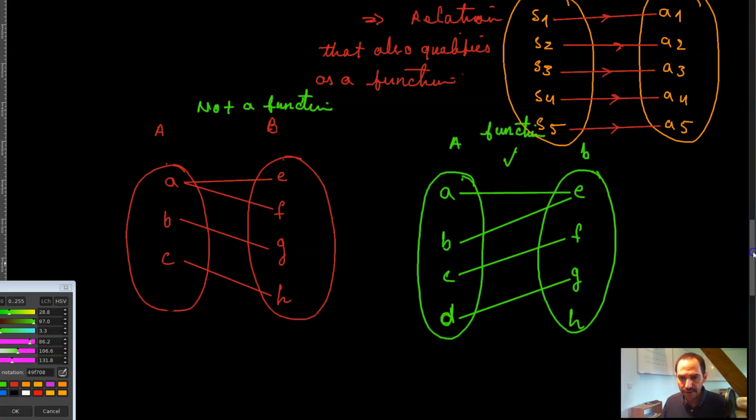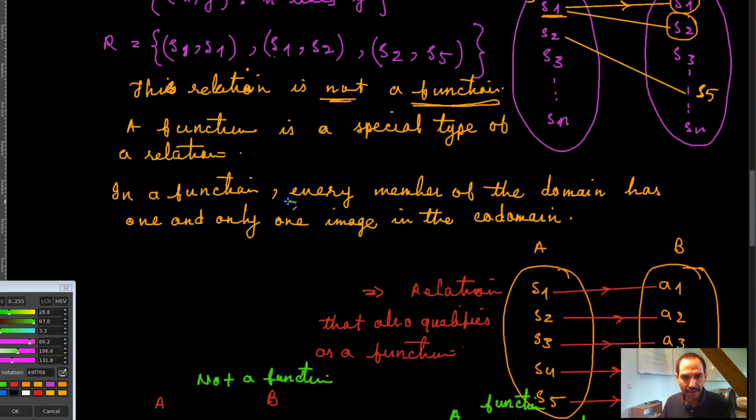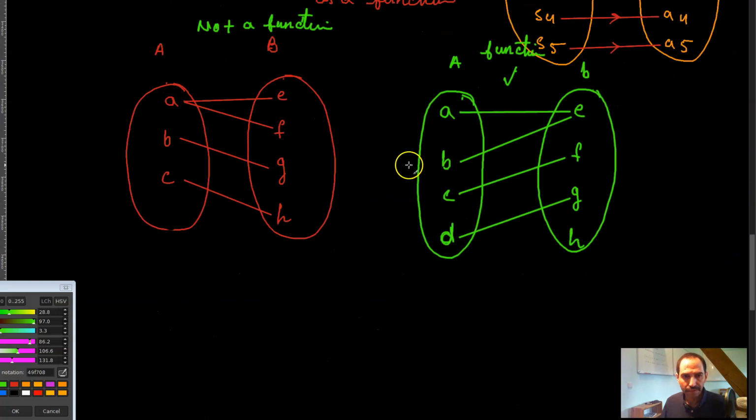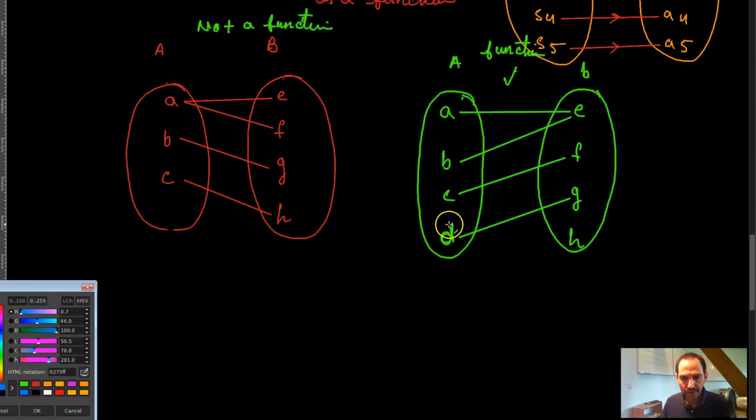Now in this definition, we said that every member of the domain has one and only one image. Let's suppose that there is some element over here, for example I, and this I is not related to anything.